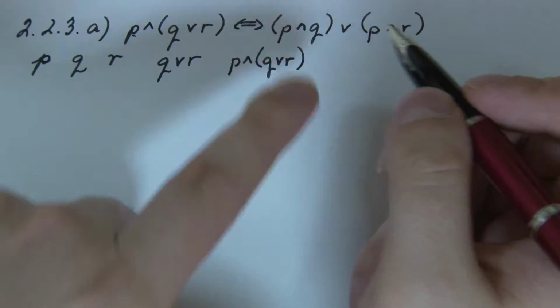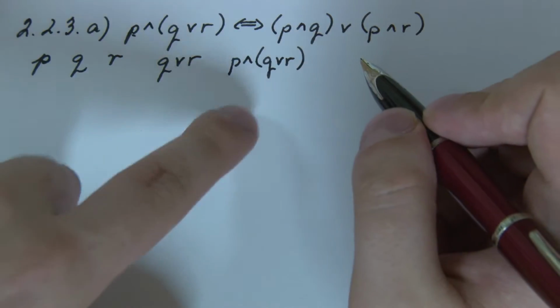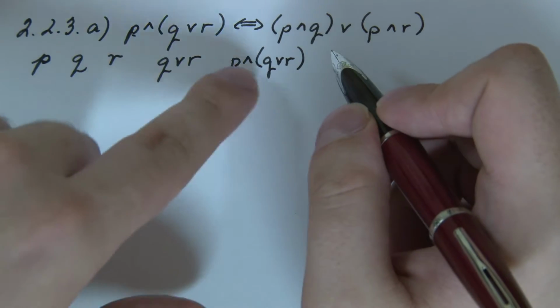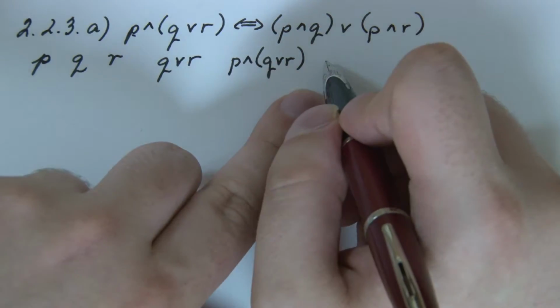So before I go on to the right hand side, on the left hand side, I've got the column that'll prove the left hand side.